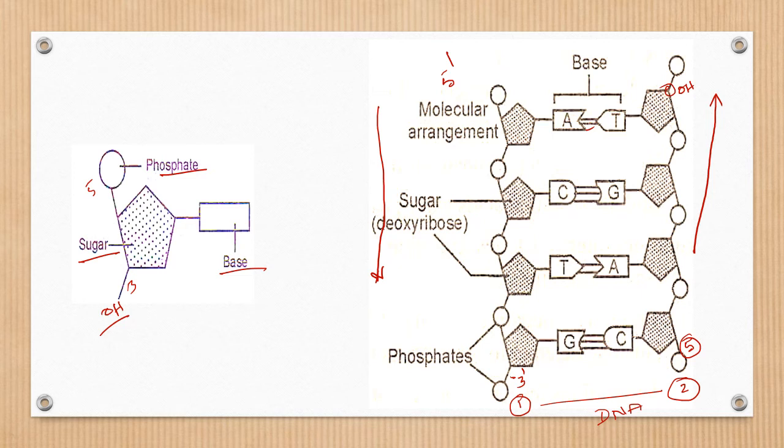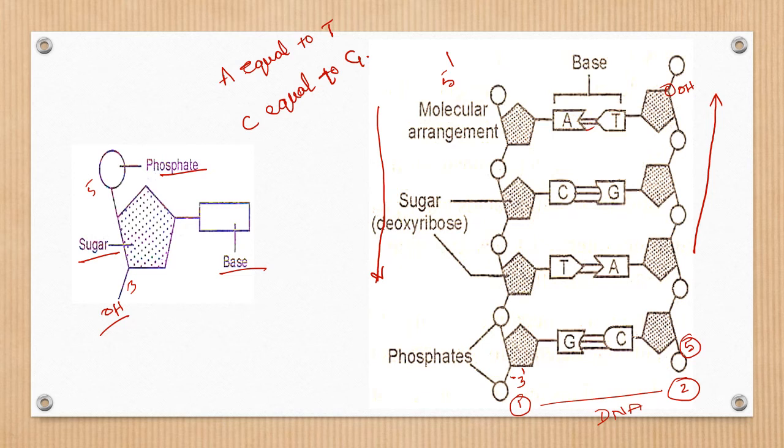So as per Chargaff's rule, the amount of adenine is equal to the amount of thymine, and vice versa; cytosine is equal to guanine.